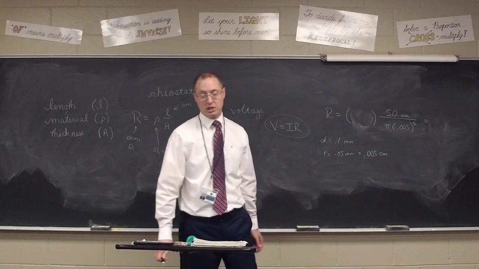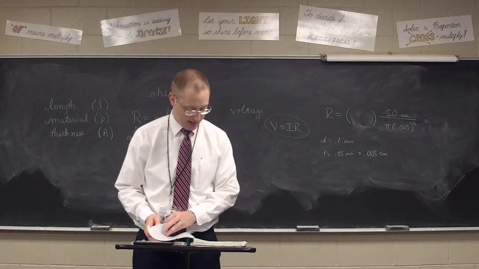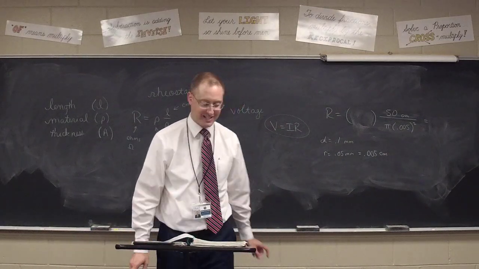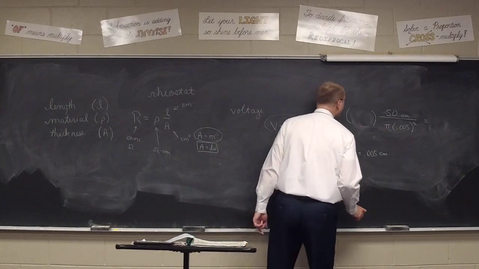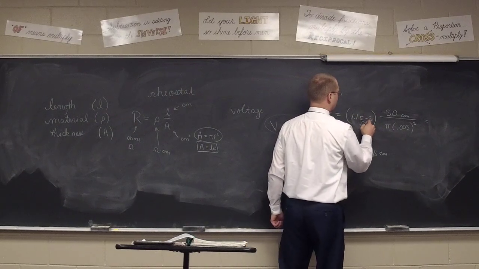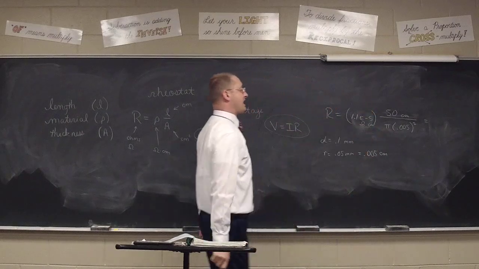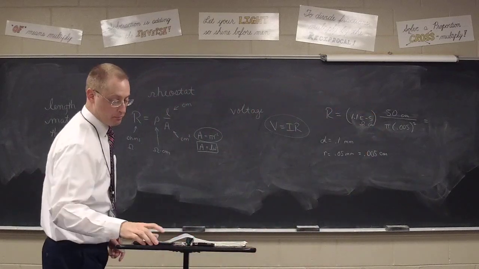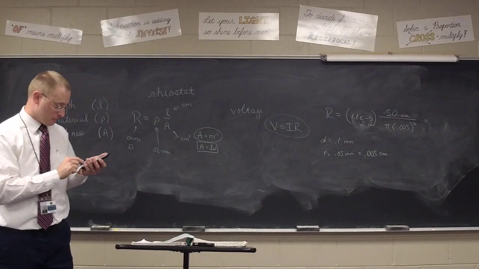And it said it's made of what material? Platinum. So back to page 382, what is platinum's resistivity, anyone? 1.1. All right, and so plug that into the calculator now. Be careful as you do so.